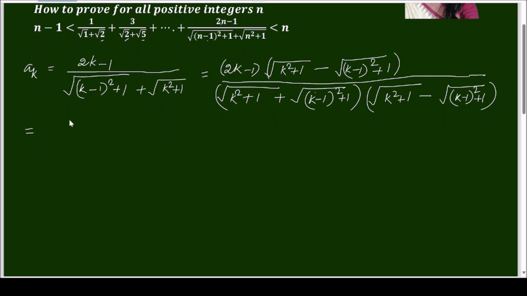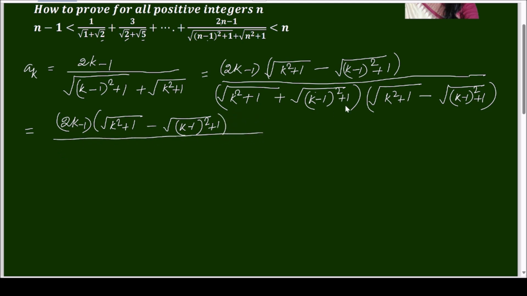So the numerator will be as it is. The denominator will be simplified. That's why I made it like that.